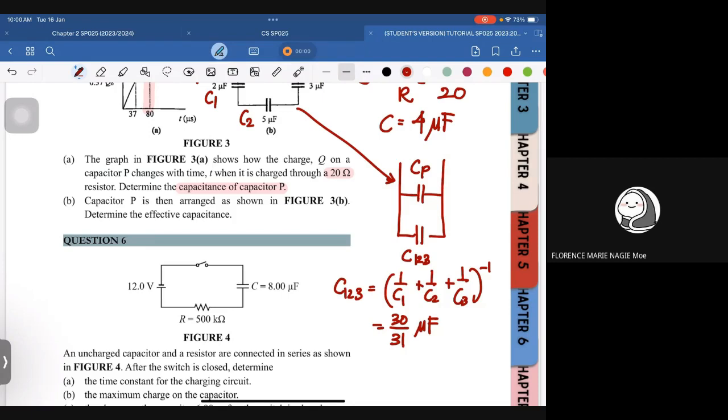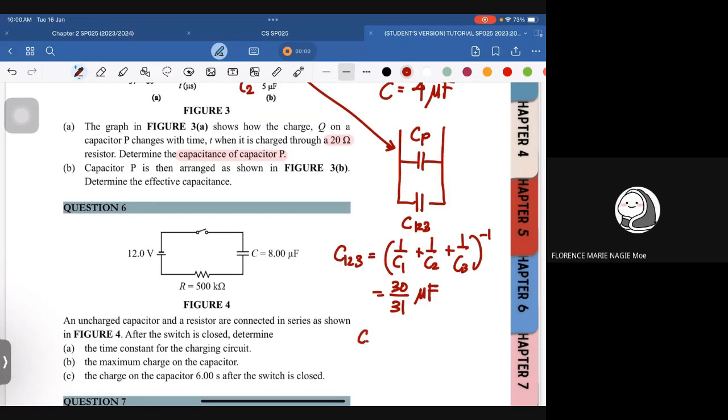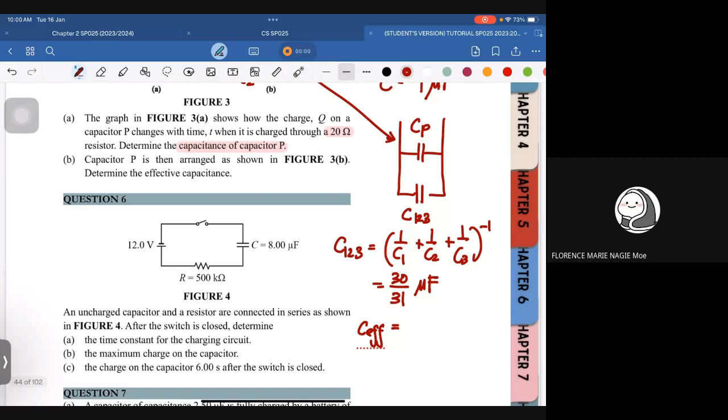Okay. Lepas tu, sekarang kita perlu cari effective capacitance. So, the effective capacitance, kalau yang ini, some students akan cakap ini series circuit tau. Tapi dorang lupa di sini adalah junction. Okay, so make sure kamu betul-betul faham lah macam mana mau detect which one is series, which one is parallel.